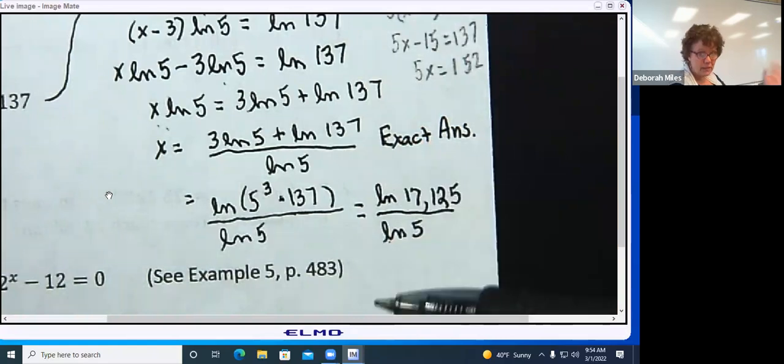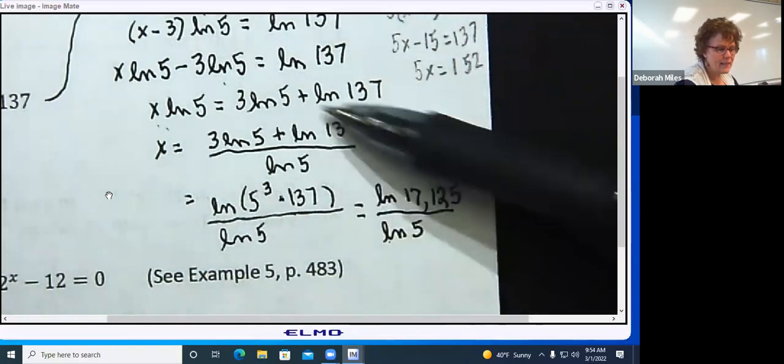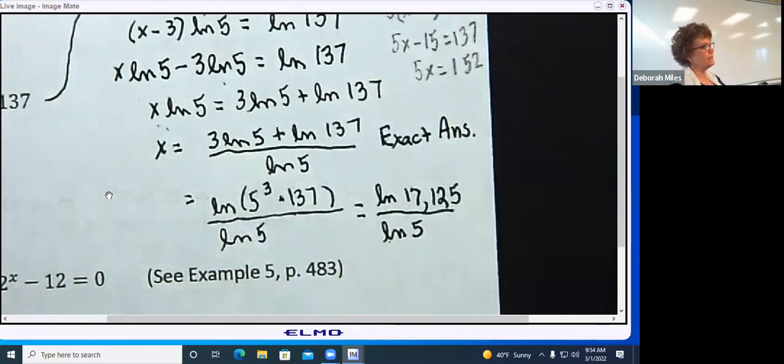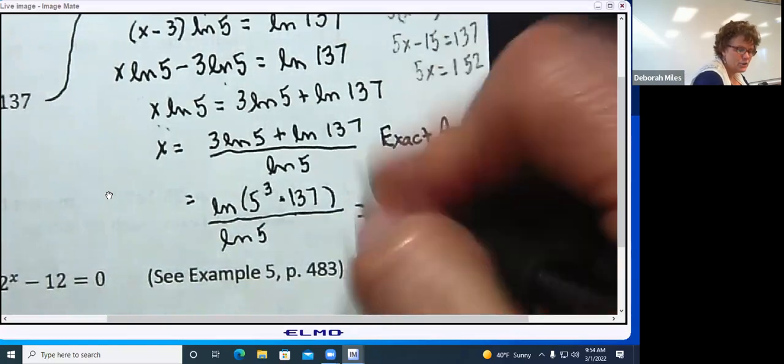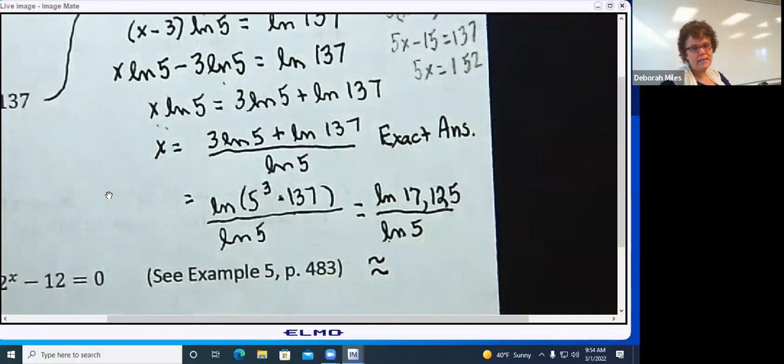I think, because I tested it, that my labs would either take this or that as your exact answer. And then as your decimal approximation, somebody punch that and give me 4 decimals.